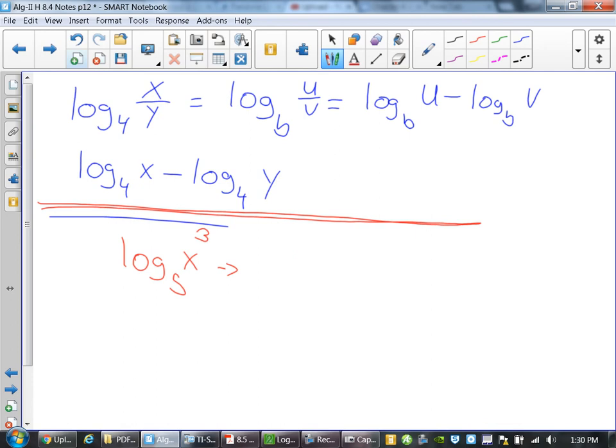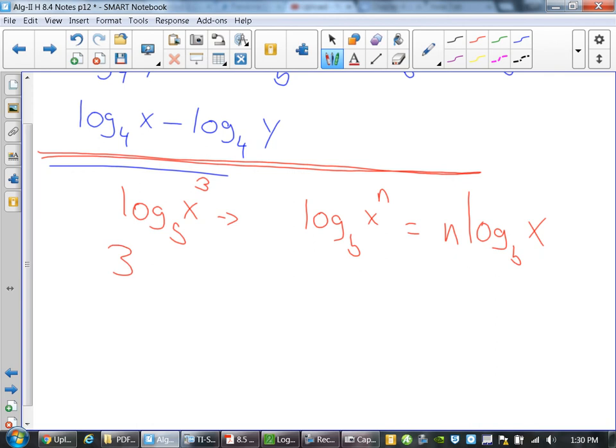This is the same as saying log base b of x to the n, whatever it might be. Whenever you have an exponent with logarithms, you just rewrite it with the exponent up front. Whatever the exponent is just goes in front of the log. So my example was log base 5 of x cubed. I would rewrite that as 3 log base 5 of x.